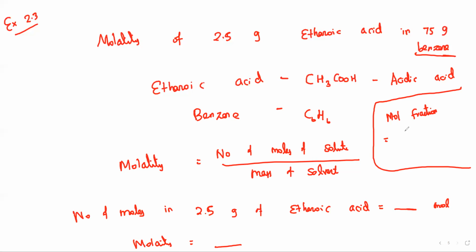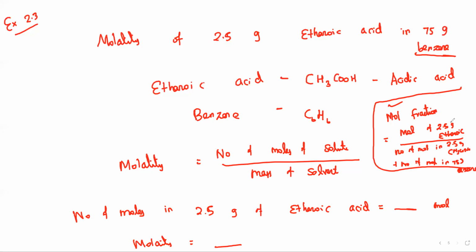For mole fraction, you have to find the number of moles in 2.5 gram of ethanoic acid by number of moles in 2.5 gram of ethanoic acid plus number of moles in 75 gram of benzene.